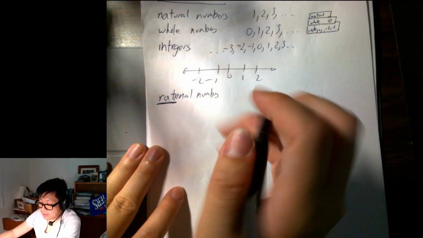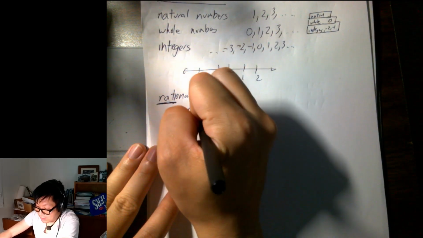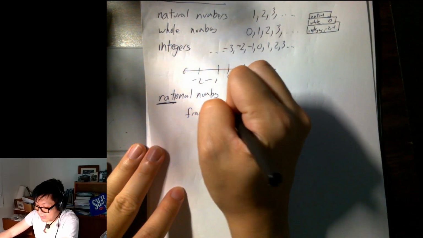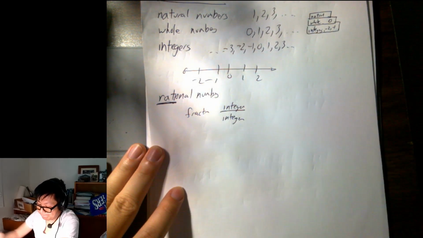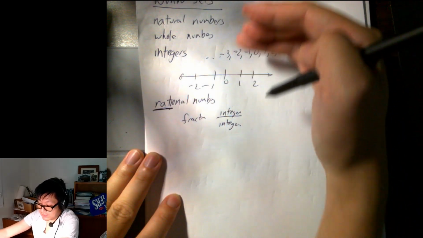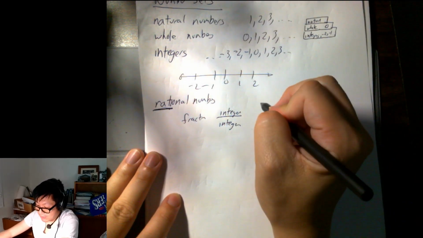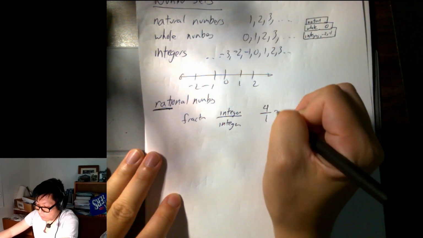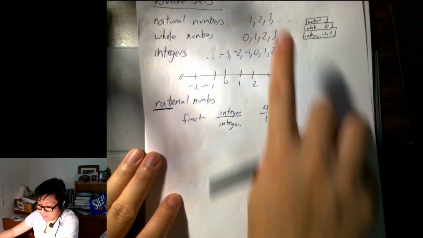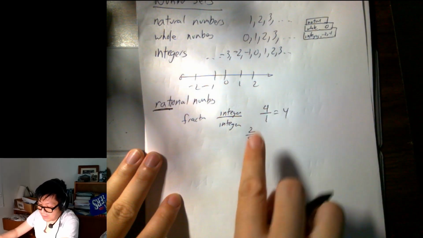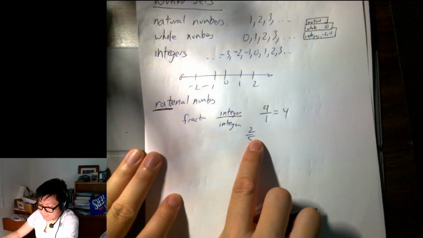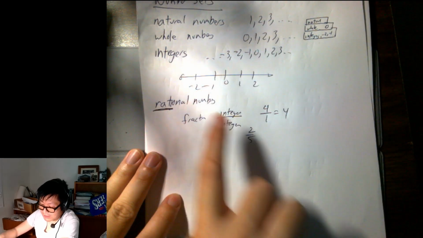Rational numbers are going to be a fraction of an integer over another integer. Now, does this actually include the sets above it? Yes, because I can write 4 divided by 1, and that's 4. That's a natural number, a whole number, an integer. I can also write 2 divided by 5. This doesn't simplify, so it's not an integer, but it is a rational number.